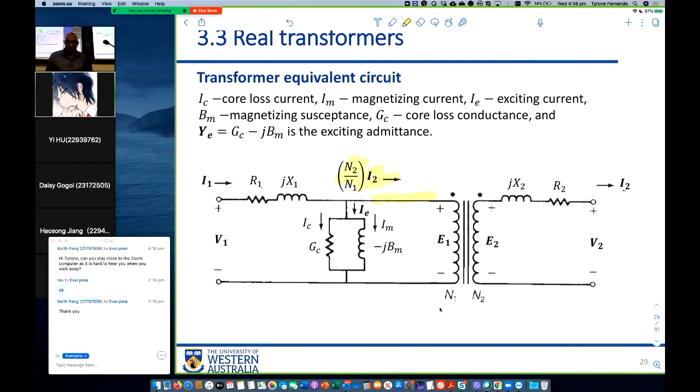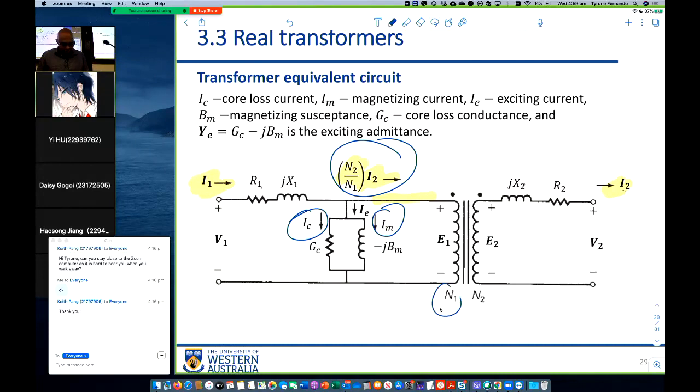The current that flows in the secondary terminal is I2, and the current that flows in the primary terminal is I1, which is made up not only of that term, but also of this term and this term: one current representing the eddy current and hysteresis losses, the other, the magnetizing current, representing the finite reluctance.